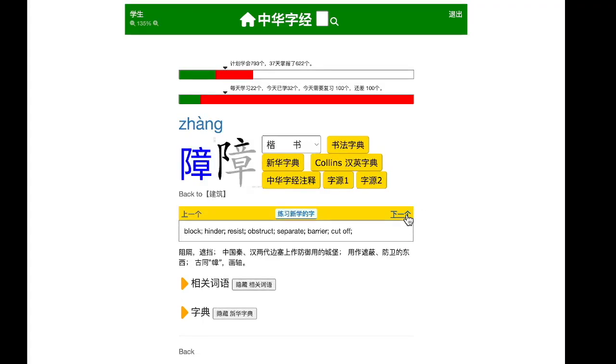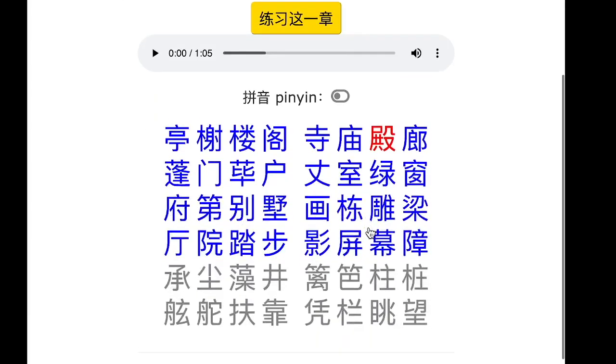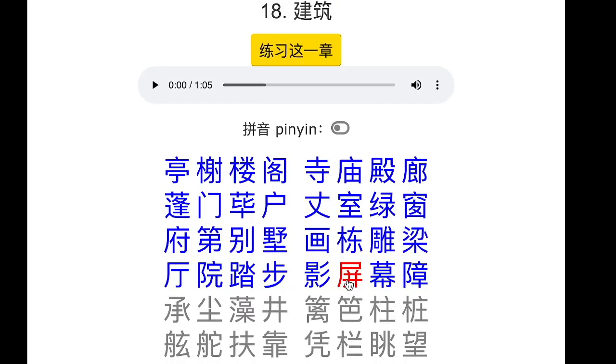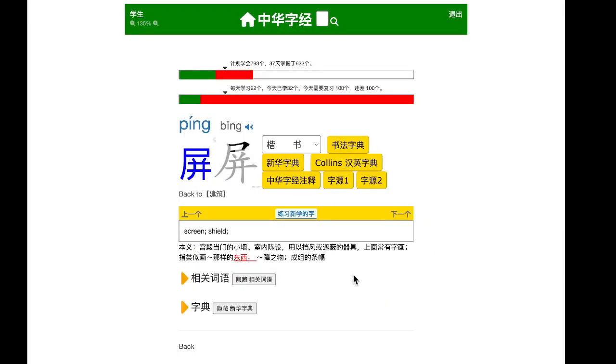障 means to block, hinder, resist, obstruct, separate, a barrier, or cut off. So even though 屏 and 幕 are next to each other, and 屏幕 nowadays we use to refer to computer screens, in this context of architecture, we are actually talking about screens like divider screens, oftentimes painted, kind of semi translucent, semi opaque.